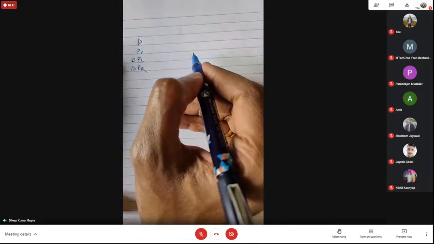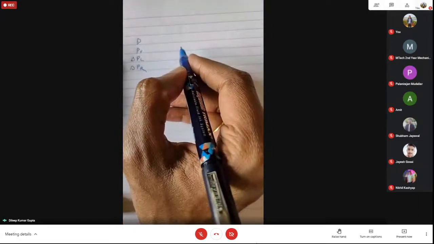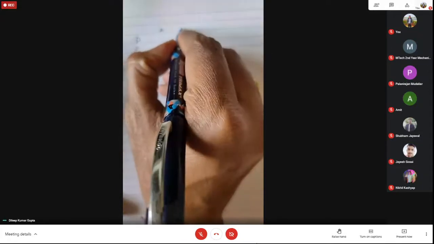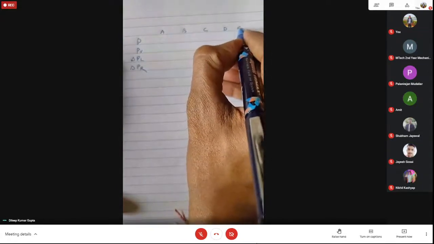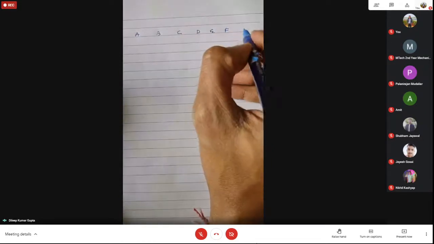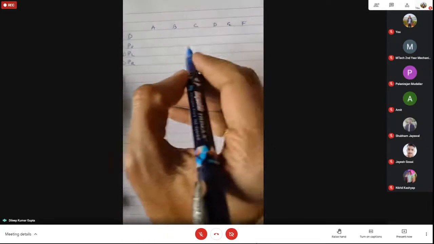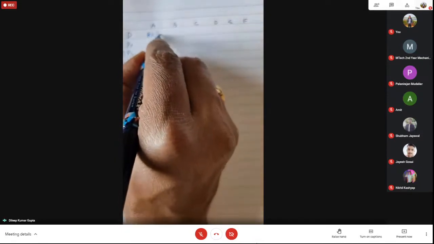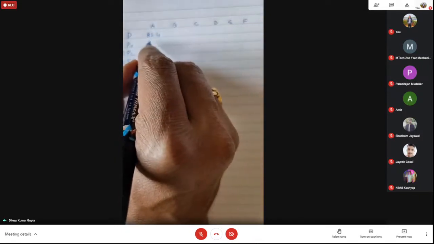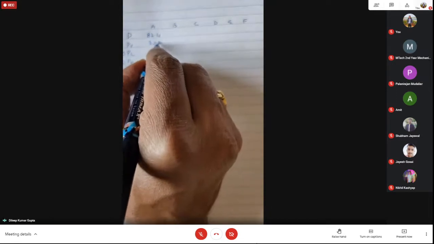Again, these are mm of water. For section A, for section B, for sections C, D, E, F, and G. All the sections. If we go for the first one, this is already done because 82, this is from the equal friction method, and 3.45.